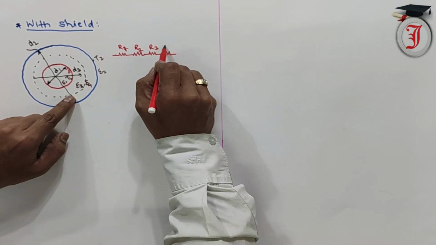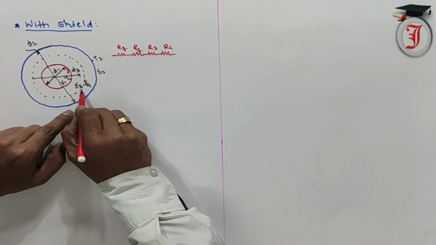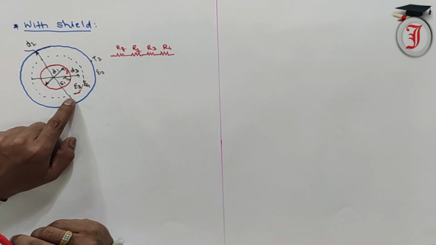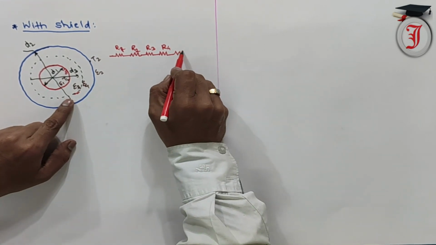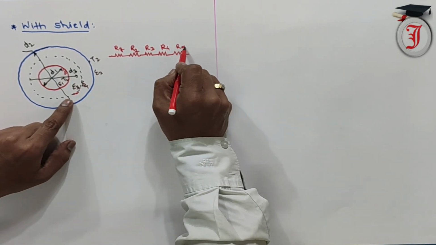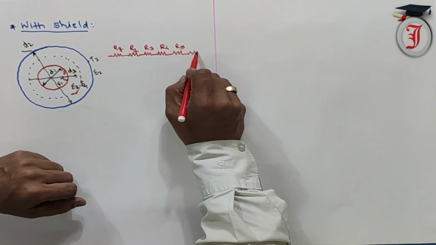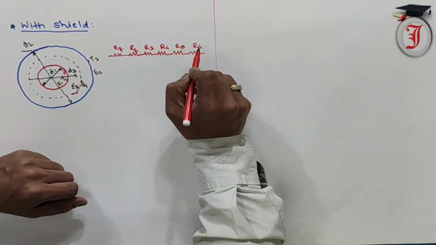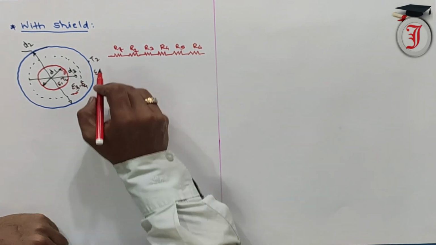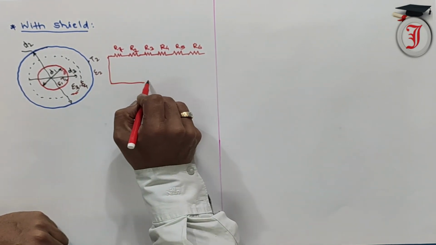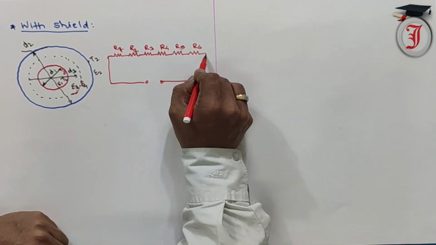Similarly, the outer surface of the radiation shield has R4. Then there is a space resistance R5, the space between the radiation shield and the outer surface. And finally, R6 is the outer surface resistance. So this is the electrical circuit for the given situation.